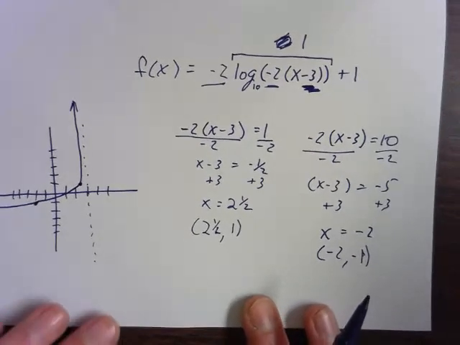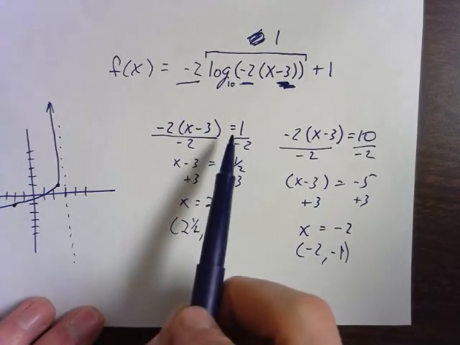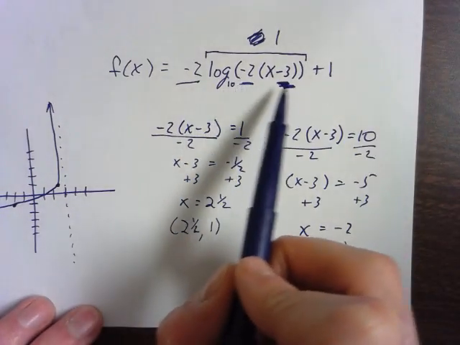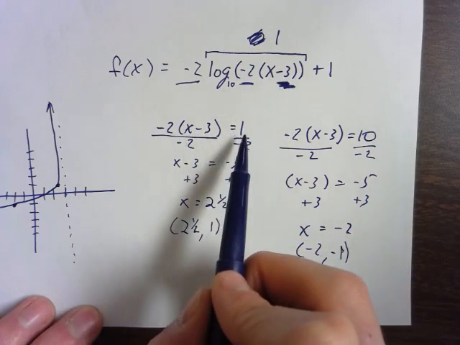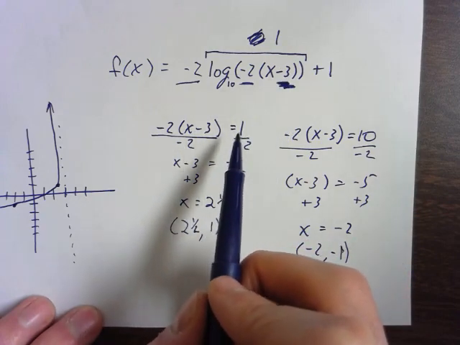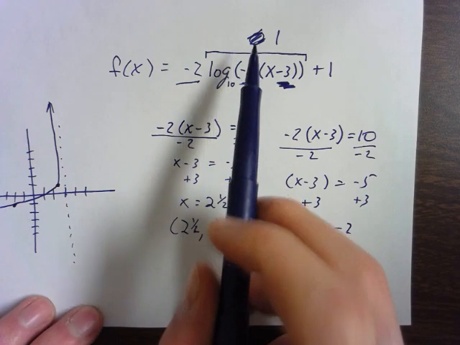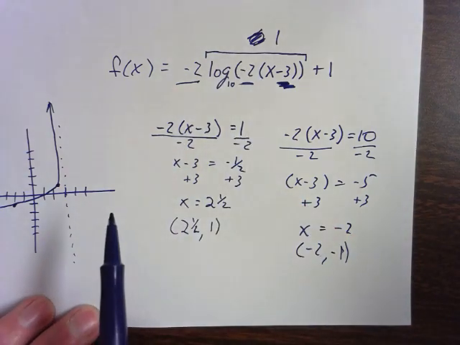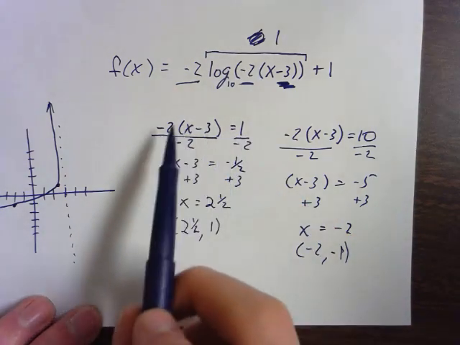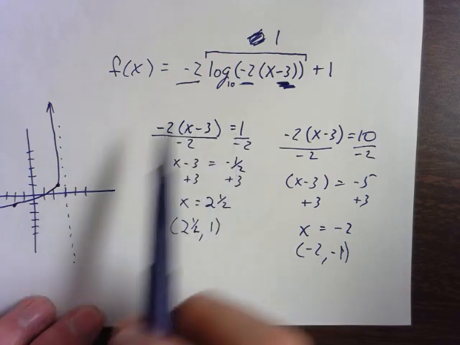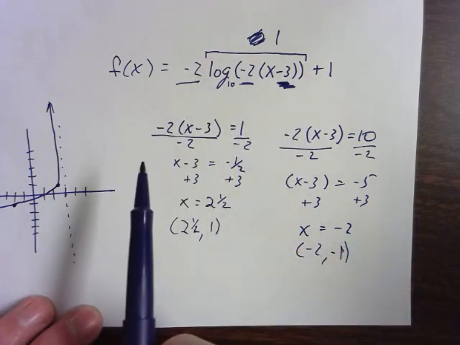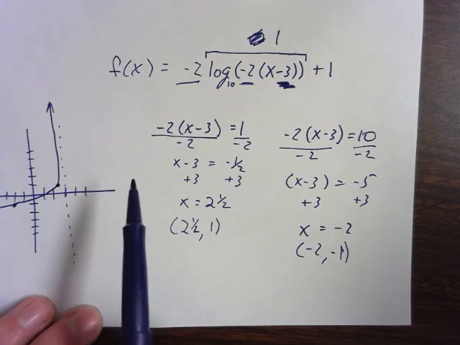So, short and simple, set your inside parentheses equal to 1, because anything to the 0 power equals 1. If we can make my parentheses equal to 1, that tells me my logarithm equals 0, because your logarithm solves for your exponents.